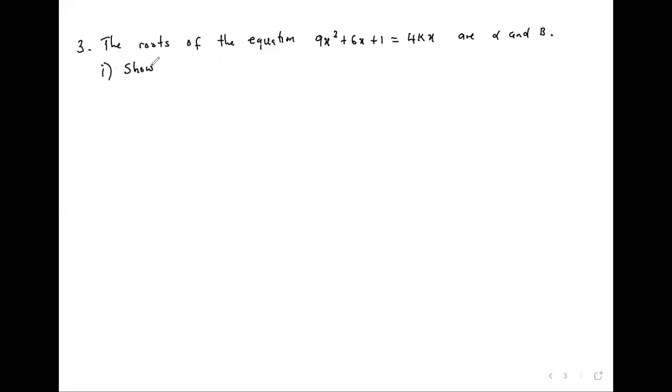Show that the equation whose roots are 1 over alpha and 1 over beta is x squared plus 6x plus 9 is equal to 4kx. Show that.